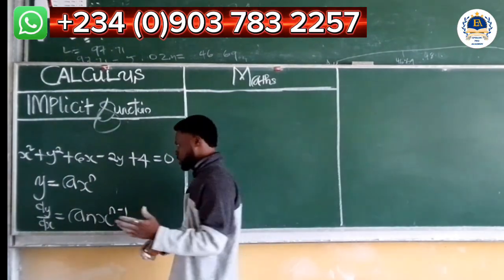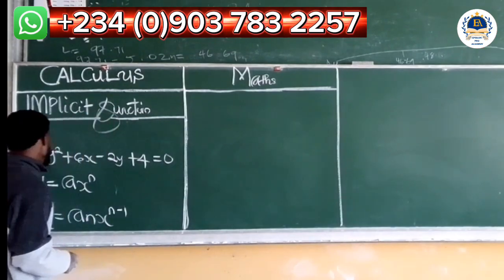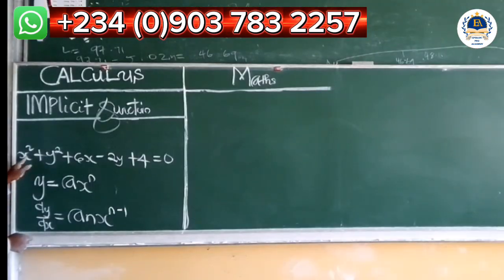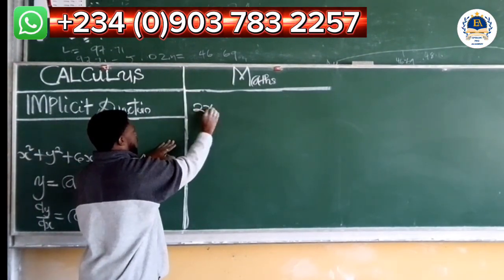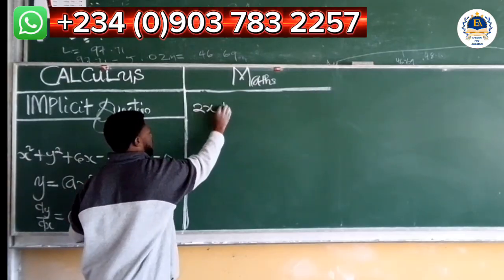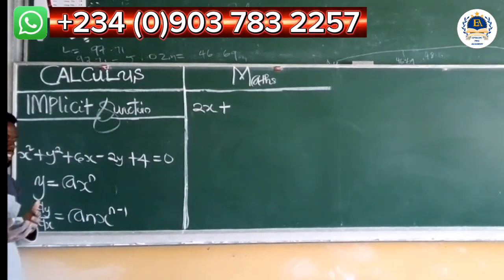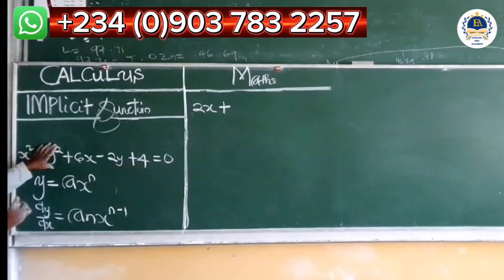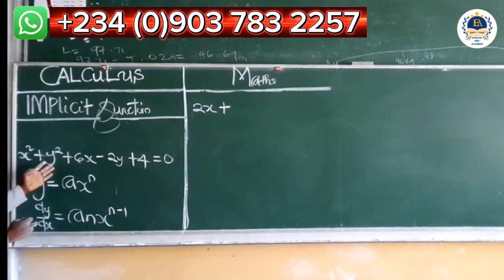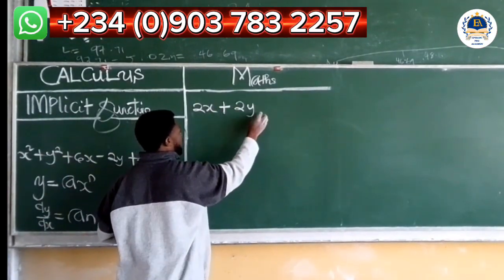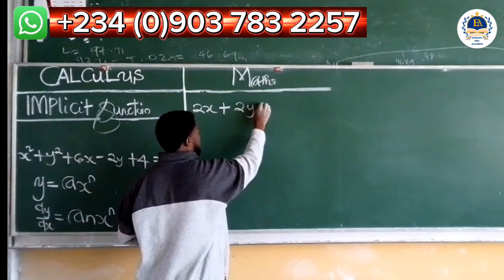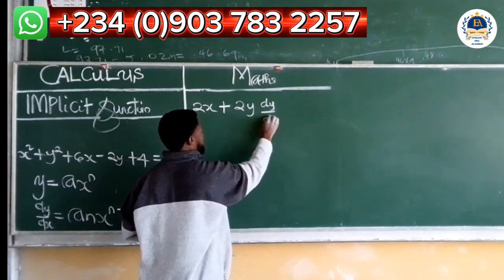To differentiate the first term, x squared, applying this formula, it will become 2 times 1, which is 2, then subtract 1 from the power. So we have 2x. Plus, now since we are differentiating the y term, we are going to attach the dy over dx to it. That's how to distinguish between this and this. So that will give 2y times dy over dx.